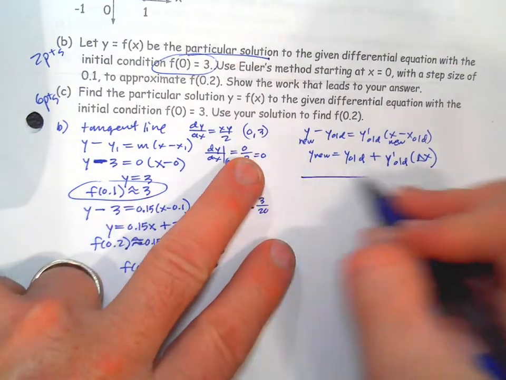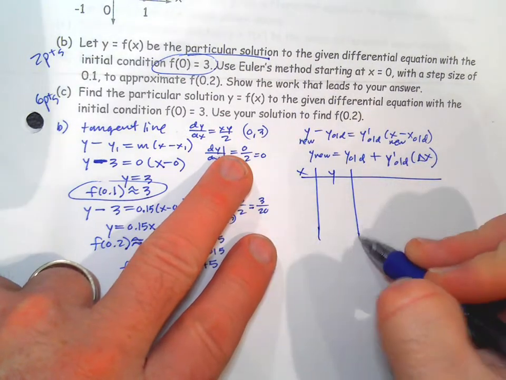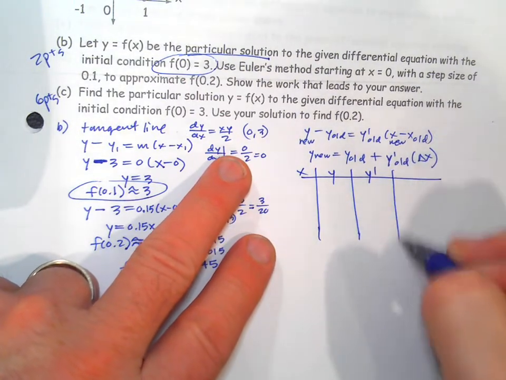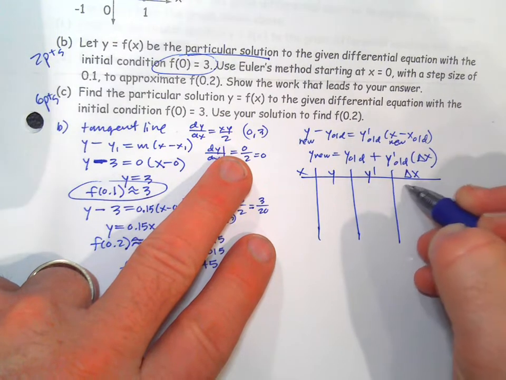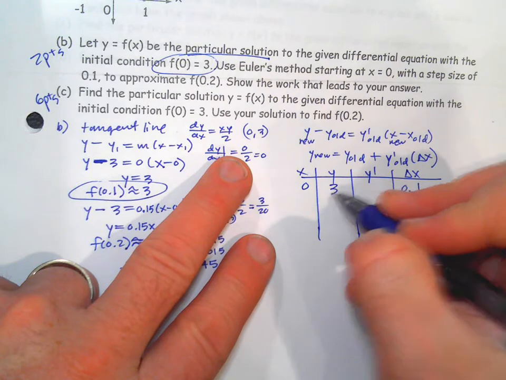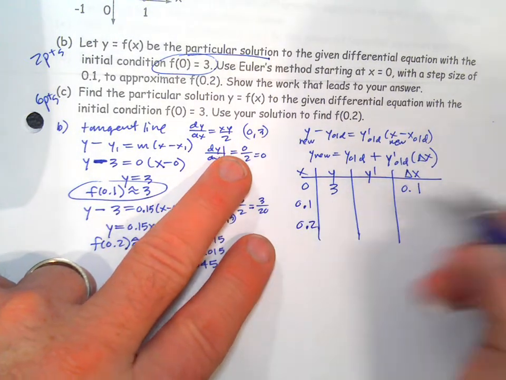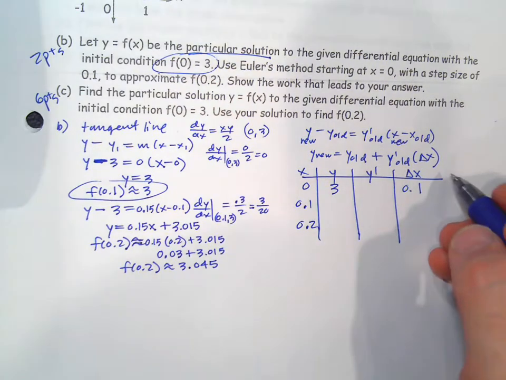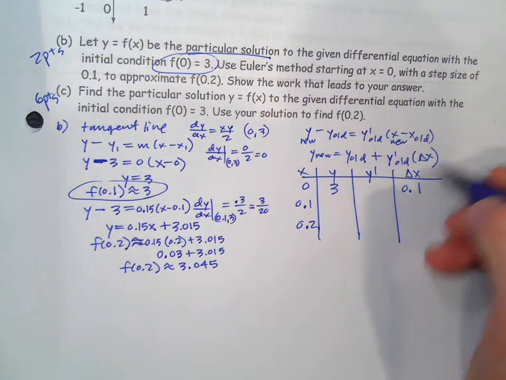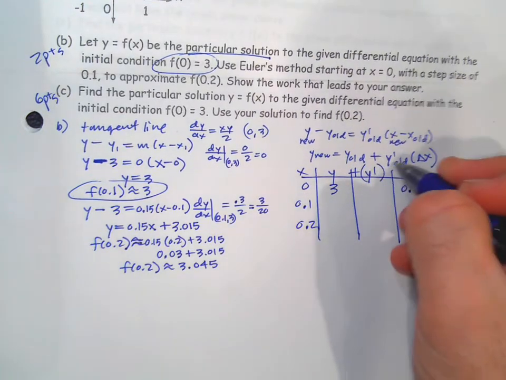In this scenario, we keep track of the x's and y's and y prime, and then delta x. And delta x is 0.1 this time. We're starting at 0, and then we're going to 0.1, then we're going to 0.2. So the table is going to be real short. It's not as beneficial.